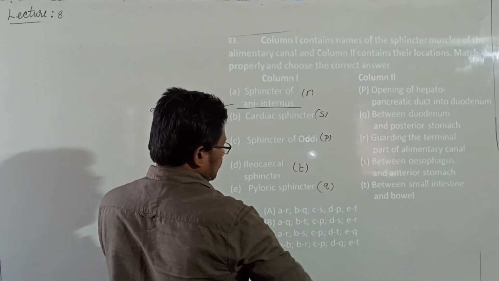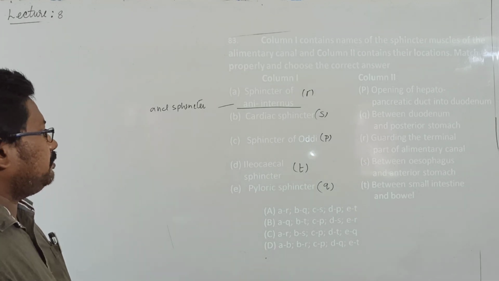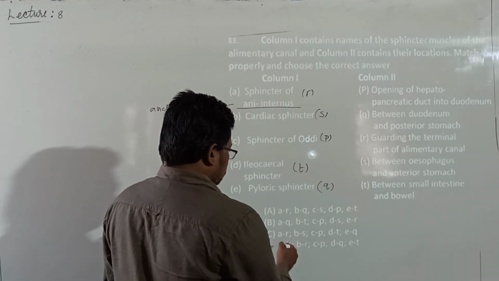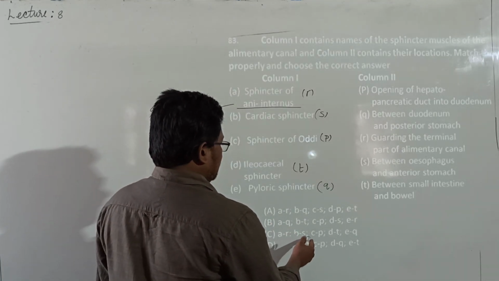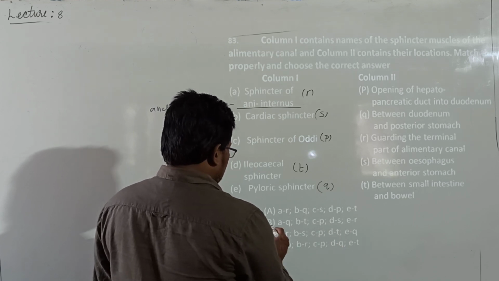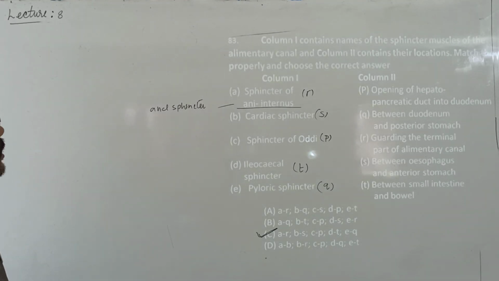That is Q. So it is RSPTQ, and option C will be the correct matching of column 1 and column 2.